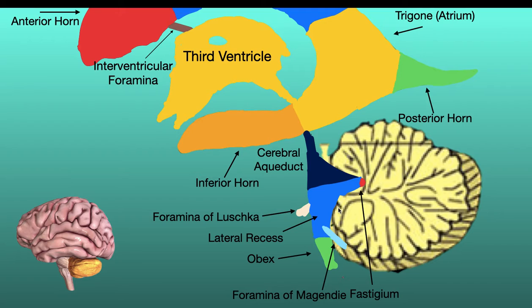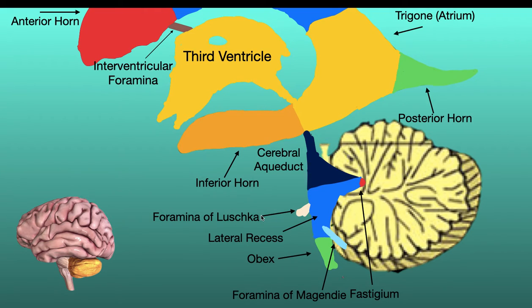They protrude out of the fourth ventricle, and at the front of the lateral recess is the foramina of Luschka, and it's like a pathway that allows it to get back to the subarachnoid space. The foramina of Magendie is also like the foramina of Luschka.